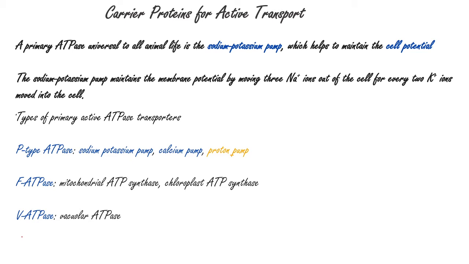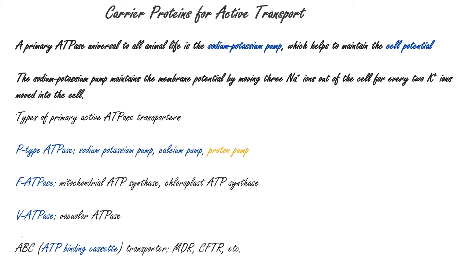V-type ATPases are present in the vacuolar membrane of plant cells, where they maintain the pH and the turgor pressure of the cell.